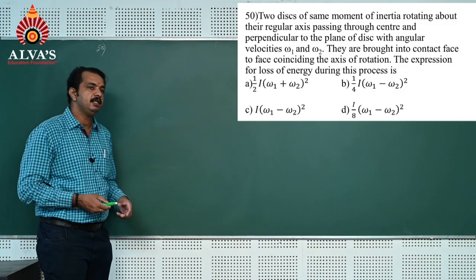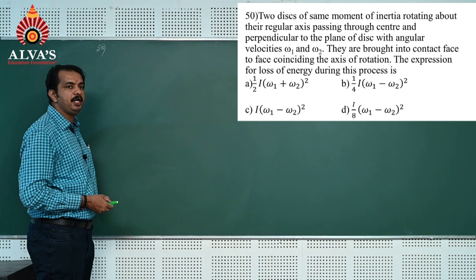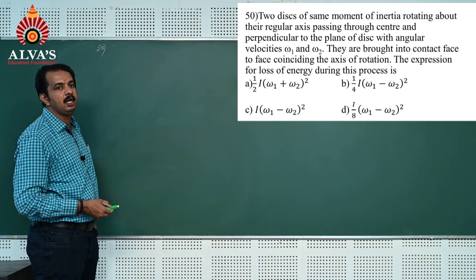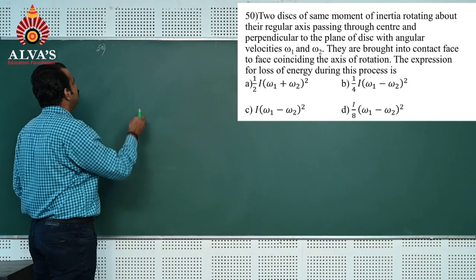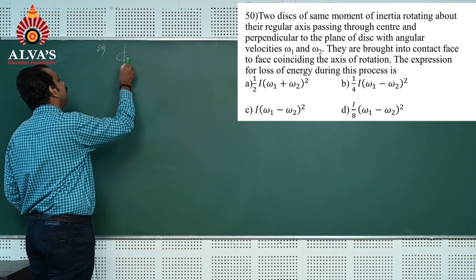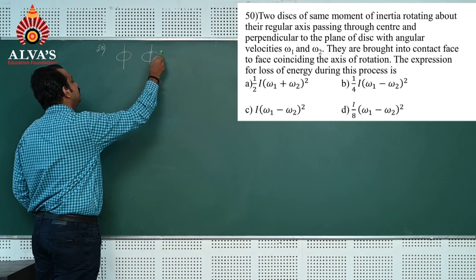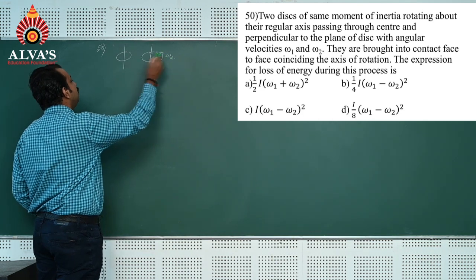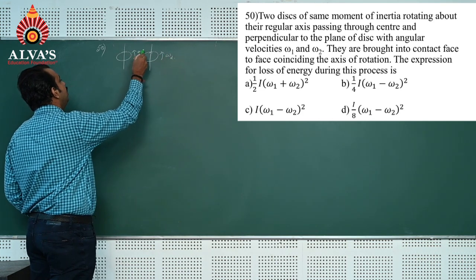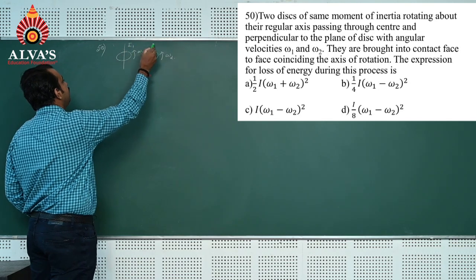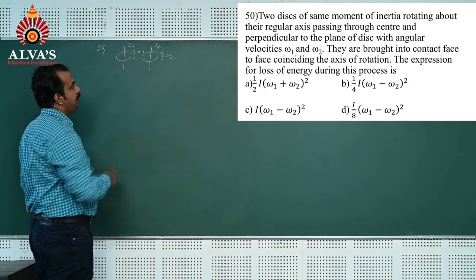So here in the beginning, two discs are rotating about their axis with different angular velocity, omega 1 and omega 2. Moment of inertia I1 here, moment of inertia I2 here.